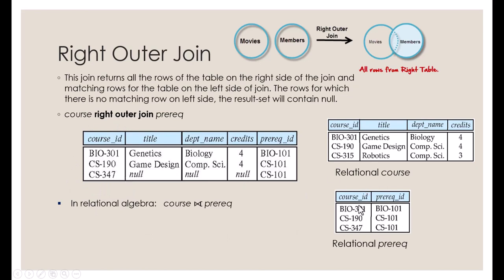Bio 301 is listed here, so we're able to get the title, department name, and credits with the prereq. CS 190 is game design, computer science, and 4, so those are all listed here. CS 347 is not listed here, so there's no value for title, department name, or credits, so we're going to leave them as null since that value is missing.